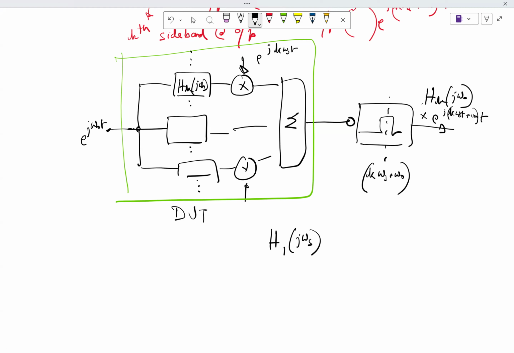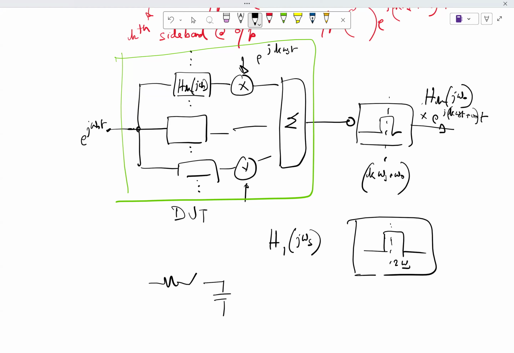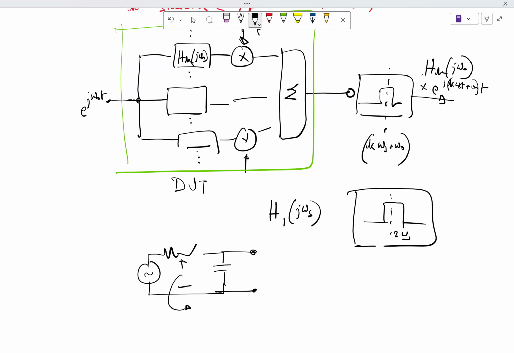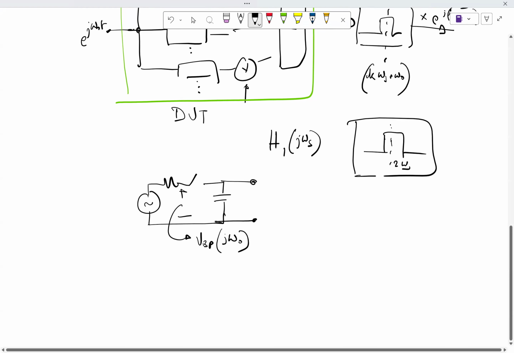Where will you put that bandpass filter? Right. So this bandpass filter will be at 2 omega s. Right. In other words, in this system, let's say I want to find out HBP j omega naught, where omega naught is omega s, right?